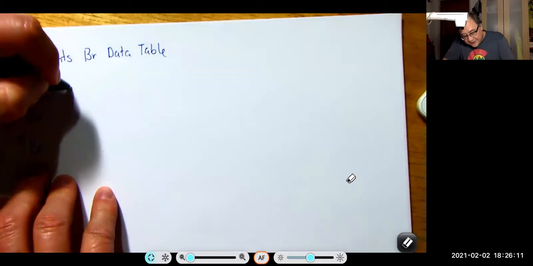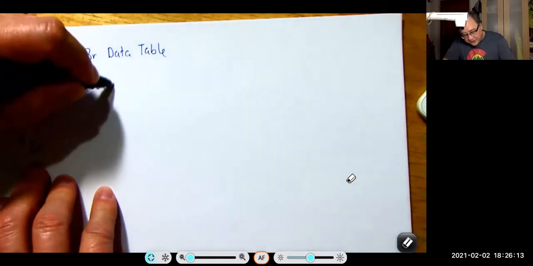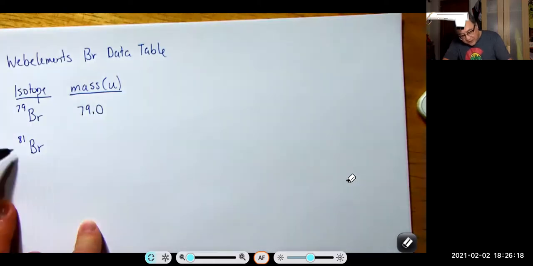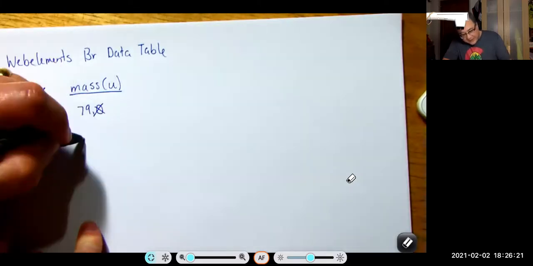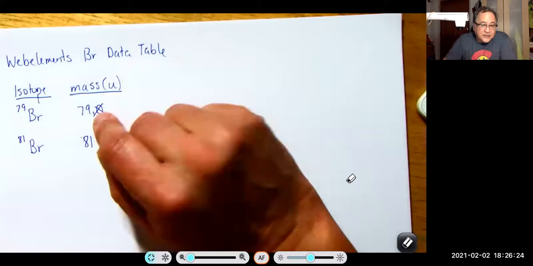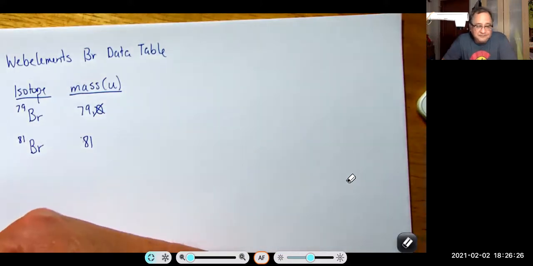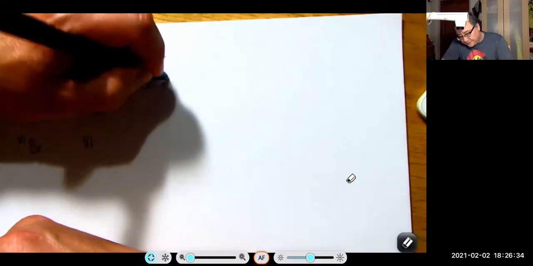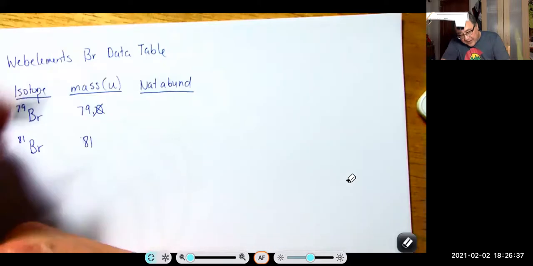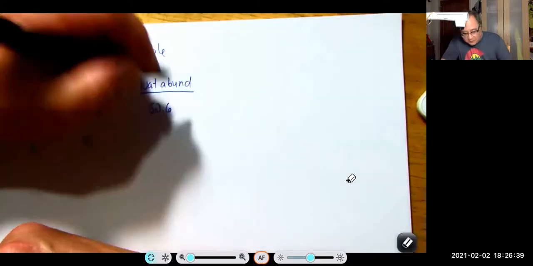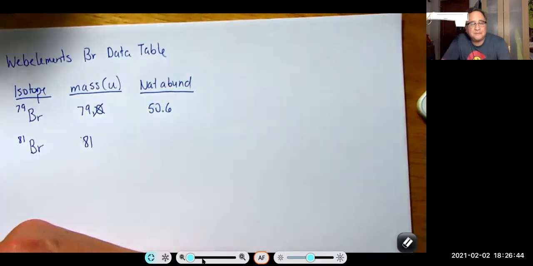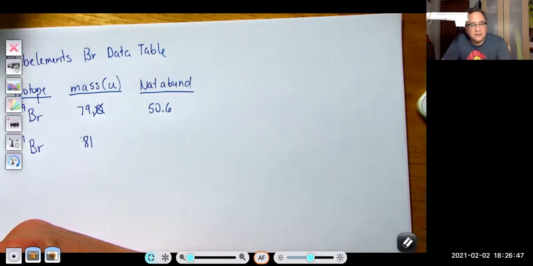When we look at the mass in atomic mass units, bromine 79 is 79.0, and 81 is 81. We don't need that 0 because I said round to the ones. And the percent abundance or natural abundance, we've got 50.69%, I believe. Let me double check that.